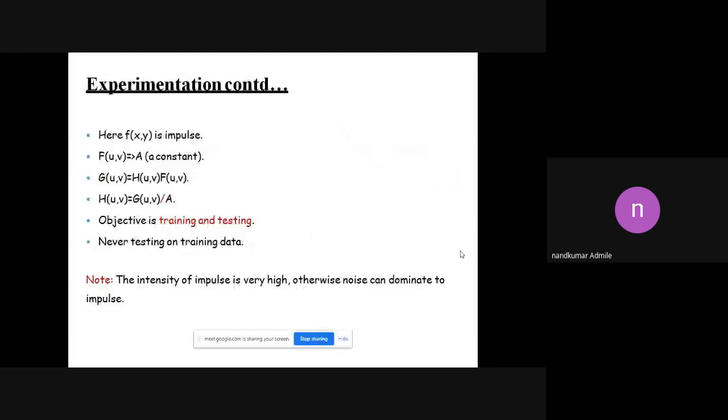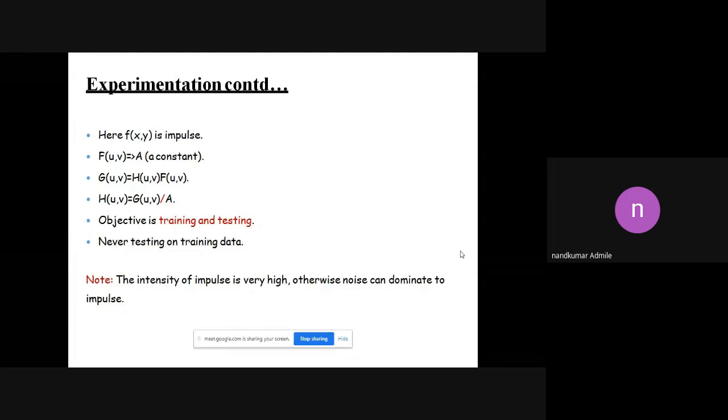When we do the experiment, we have to use mathematical terms. Here we use the impulse image. To represent the image, we use a function f of x y. That is called an impulse image.